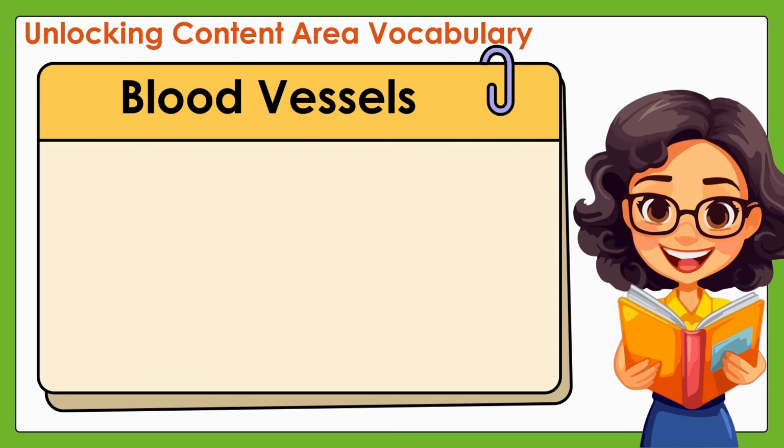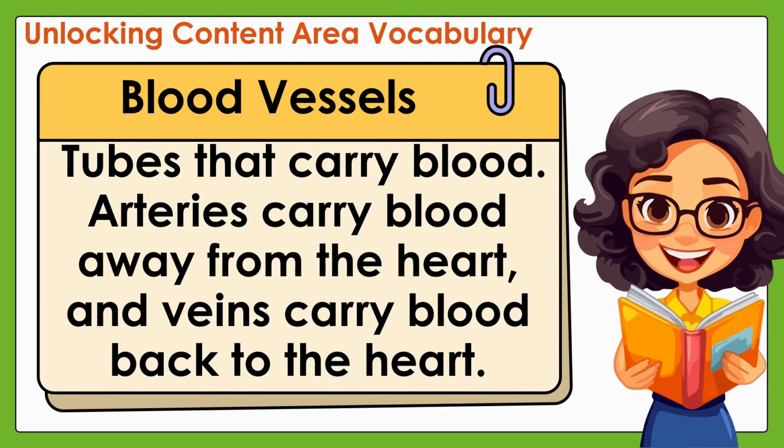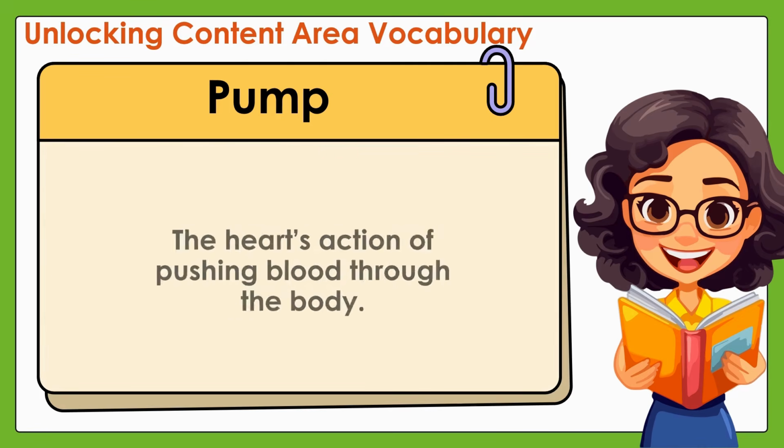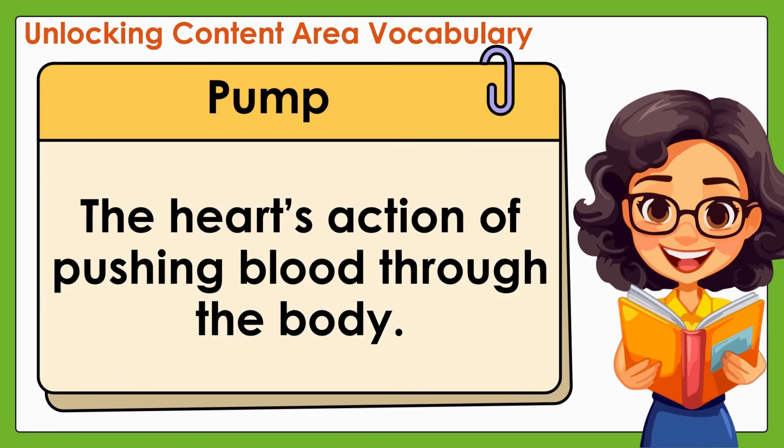Third, blood vessels. These are tubes that carry blood. Arteries carry blood away from the heart, and veins carry blood back to the heart. Fourth is pump. The heart's action of pushing blood through the body.